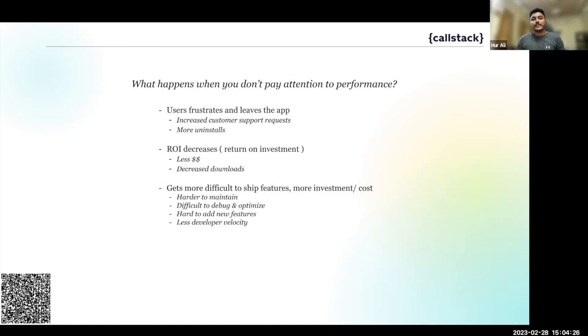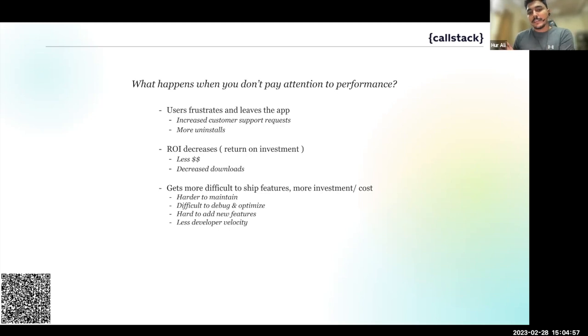The first thing that happens when your app starts to bottleneck is that the user gets frustrated and leaves the app, right? So what will happen if the user is frustrated? If he is a loyal customer, he will probably come to you and raise a support request and ask you to fix something, and if not, he will just uninstall the app.